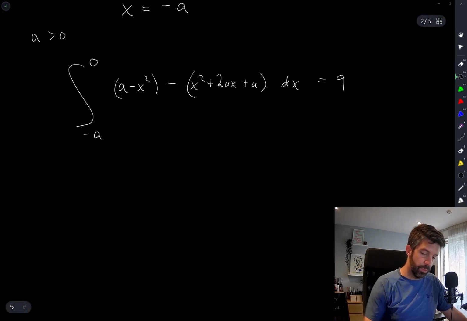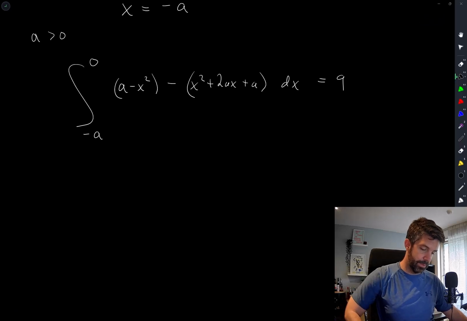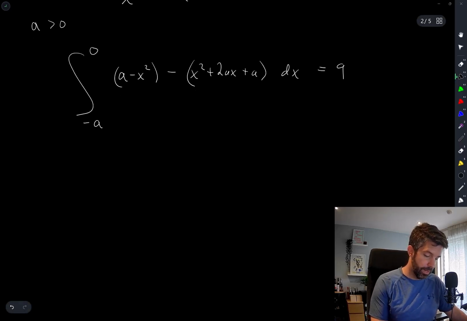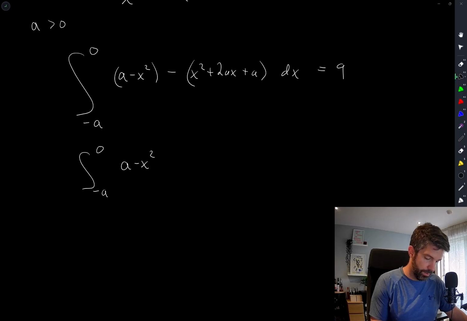So we're going to compute everything here, evaluate the integral. We'll get an expression in terms of a, and then we should be able to solve for a because this whole expression is equal to 9. So I have a minus x squared minus 2ax minus a dx is equal to 9.